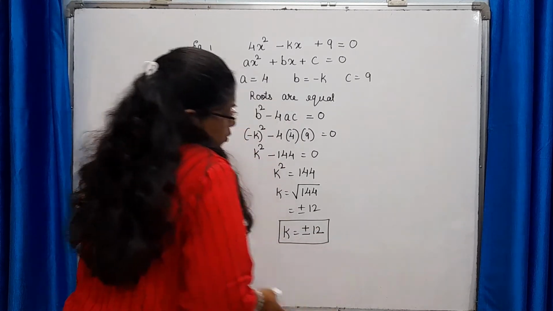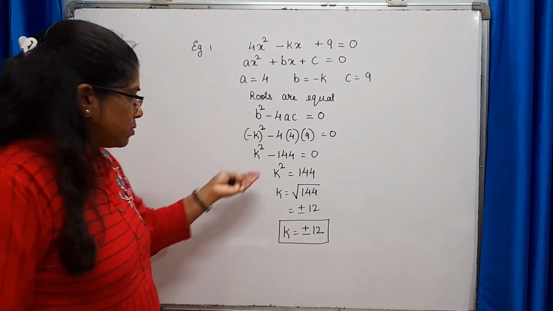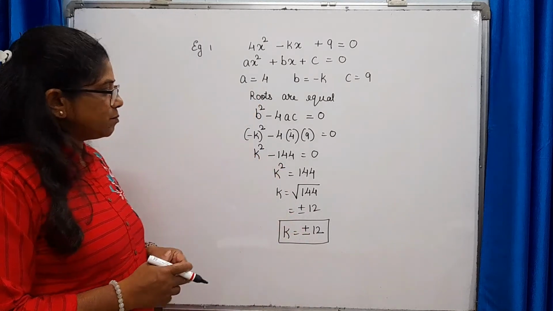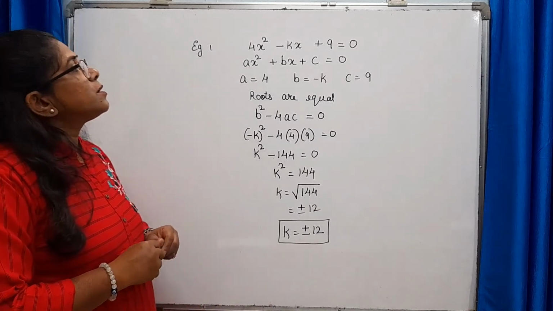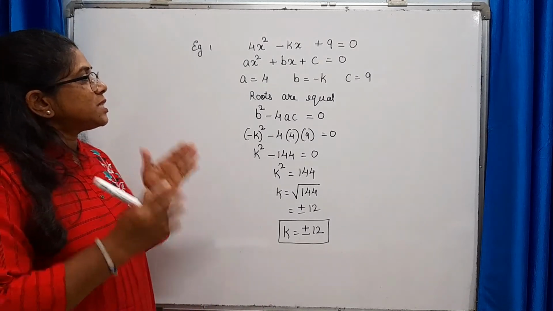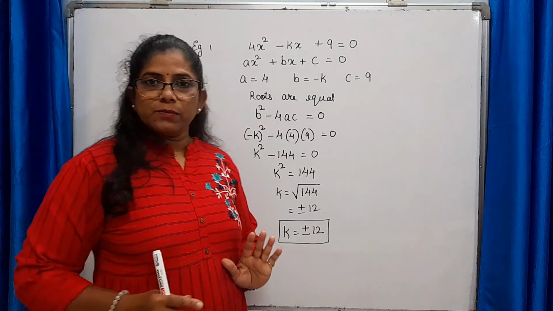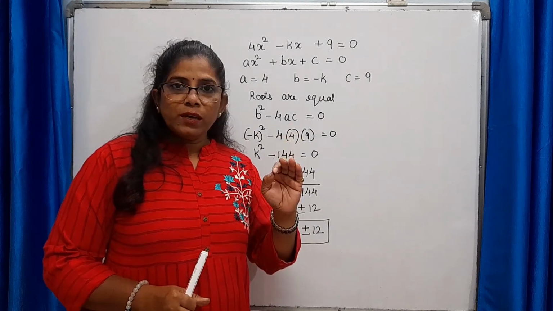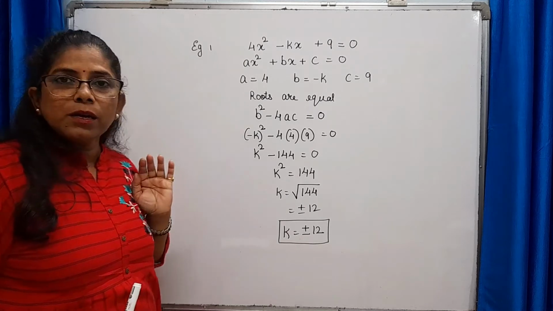It's not necessary that we'll get only one value of k. So in this case, we have two values, either plus 12 or minus 12, and both the values are correct. Here, this k can be in place of a, b or c. And they ask you the question, find the value of k for the given equation when the roots of the equation are equal.